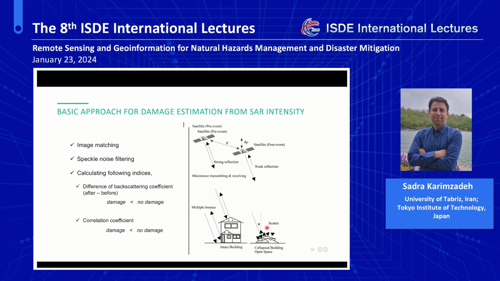But in the case of a collapsed building, as you can see on the right side here, you have more scattered signals, so the sensor will receive a weak reflection. For this technique, you don't need 3 images, you need at least 2 images. And this is one difference between using phase information and using intensity information.